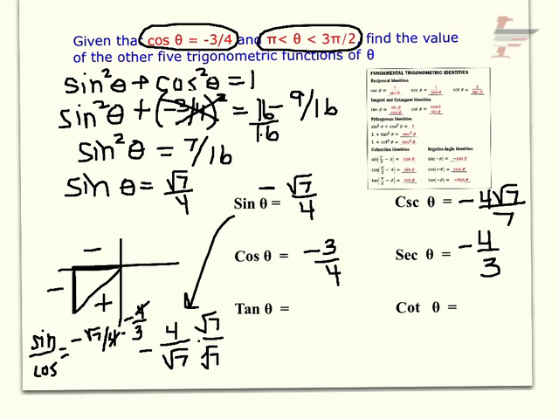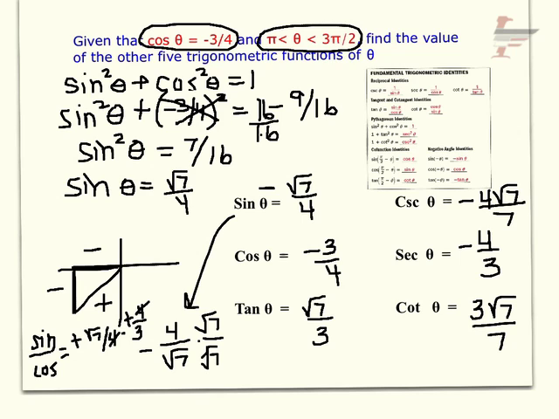My 4's cancel out, and the negatives cancel out, and I get the square root of 7 over 3. And then if I take the reciprocal of the tangent to get the cotangent, I have to rationalize again, and you can do that math at this point. So that's going to be 3 root 7 over 7. And that is how you do it using the trig identities.